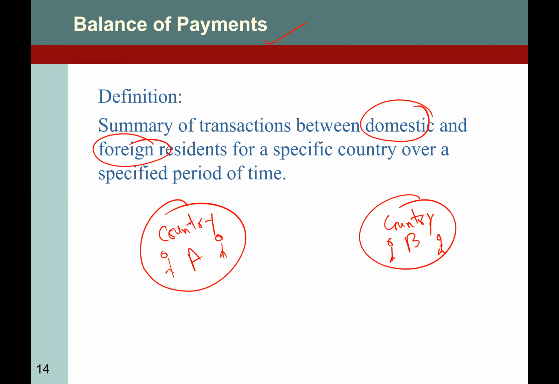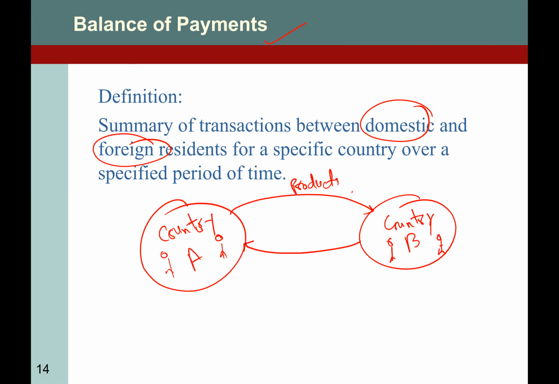Due to this international trade, this Earth is now becoming a global village, in which you can buy products from other countries in your local store as well. So the products are going from country A to country B.